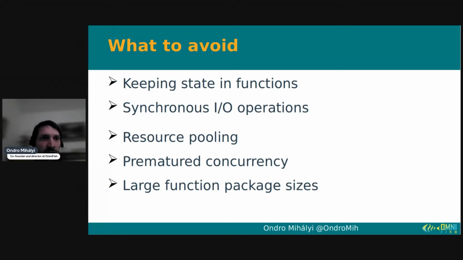Another thing is that because these functions are often restarted, we cannot keep state in the JVM itself, in the program itself, because our function is no longer one process that keeps running. It's multiple processes, and we don't know how many processes it will be, which are started and then shut down, started, shut down, started, shut down.